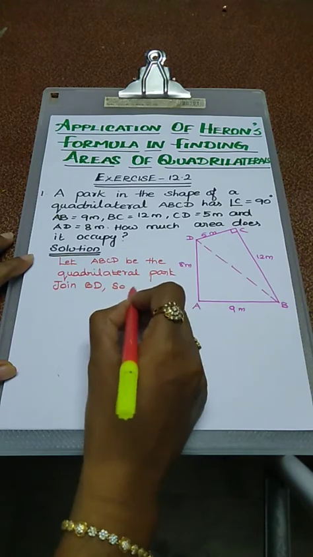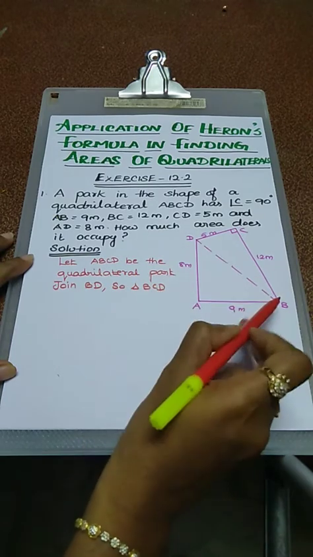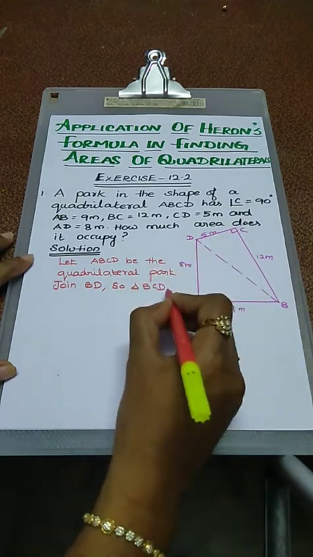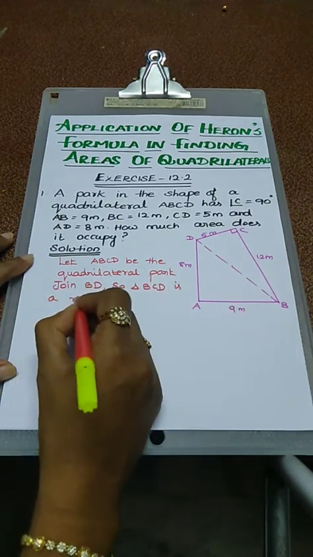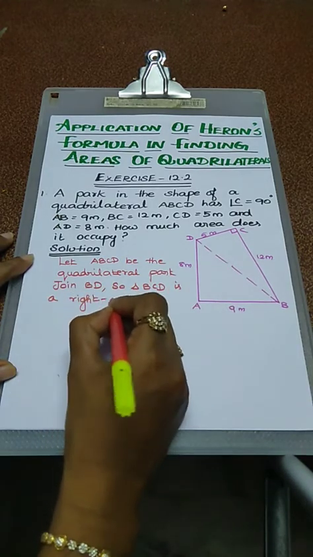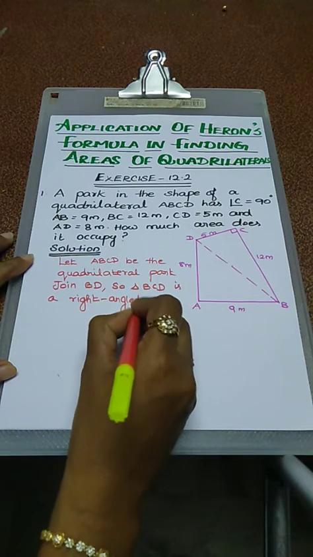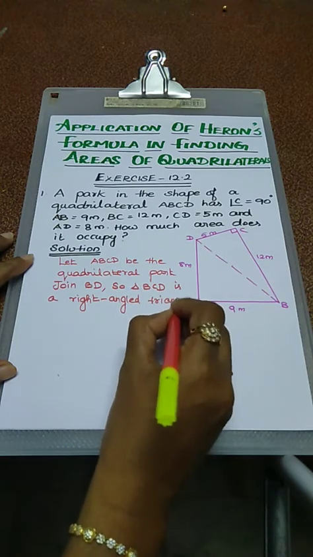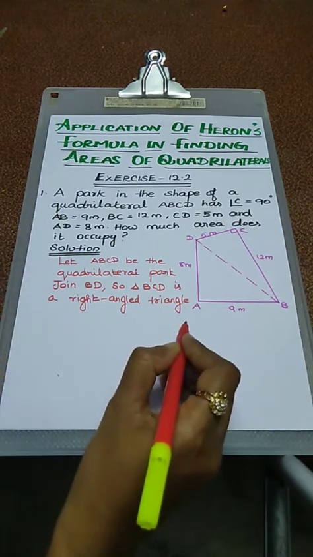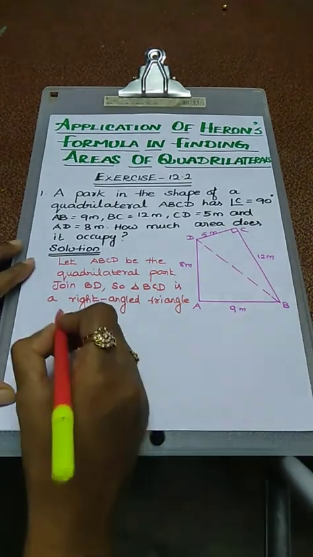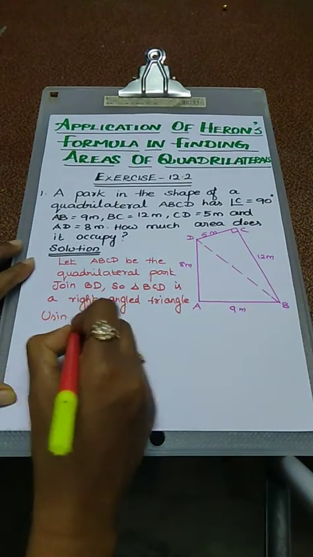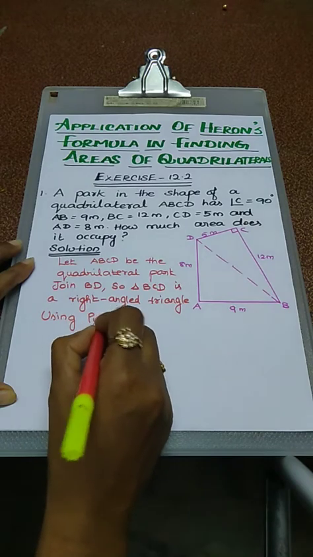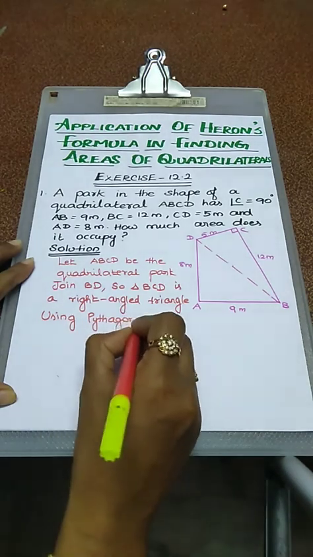Now look, triangle BCD is a right angled triangle. So here we use the Pythagoras formula. Easily we can calculate the BD value using the Pythagoras formula.